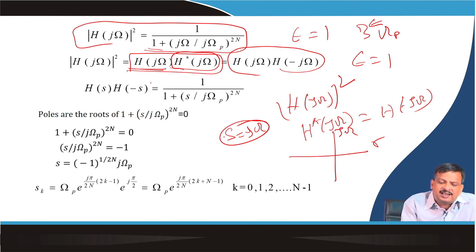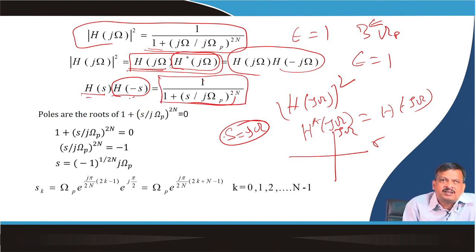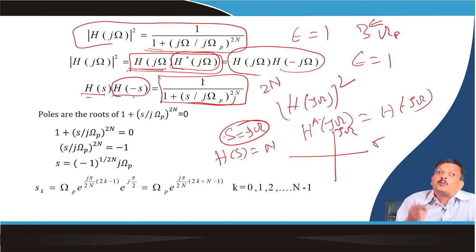In that case, I can say H(s) into H(minus s) is equal to 1 by 1 plus (s by j omega p) to the power 2n. Now, if this is the product of the two transfer functions, its order is 2n, and I know H(s) times H(minus s) is of order 2n. That means the order of the filter transfer function H(s) is n.